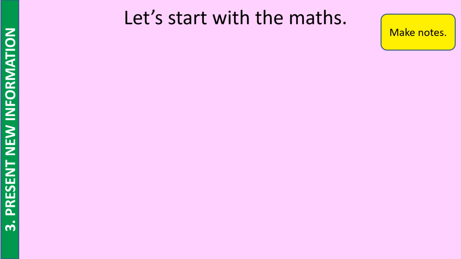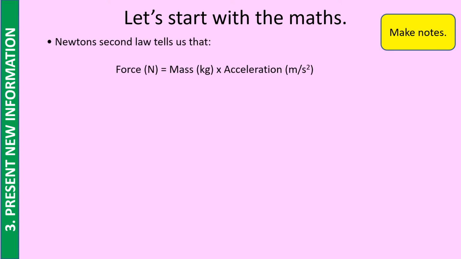We can start by having a look at some of the maths involved. Now, if you remember, Newton's second law tells us that force equals mass times acceleration. We also know that we define acceleration as a change in velocity divided by time. Now, we're going to do a little bit of algebra to work out the force generated when an object changes its velocity.